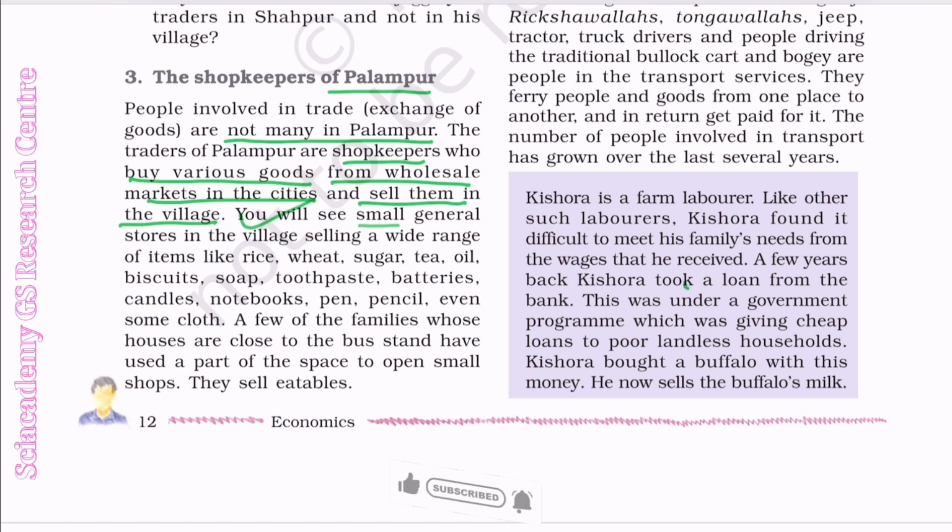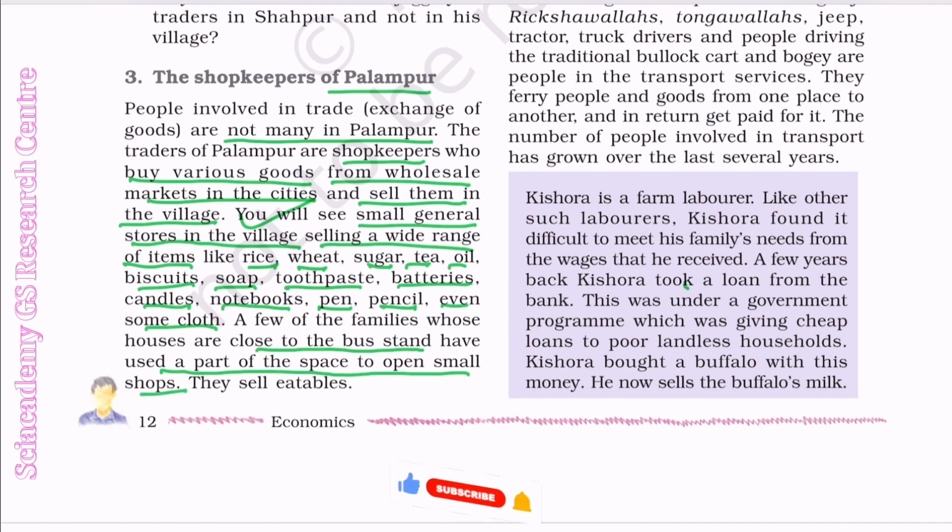You will see small general stores in the village selling a wide range of items like rice, wheat, sugar, tea, oil, biscuits, soap, toothpaste, batteries, candles, notebooks, pen, pencil, even some cloth. A few of the families whose houses are close to the bus stand have used a part of the space to open small shops. They sell eatables.